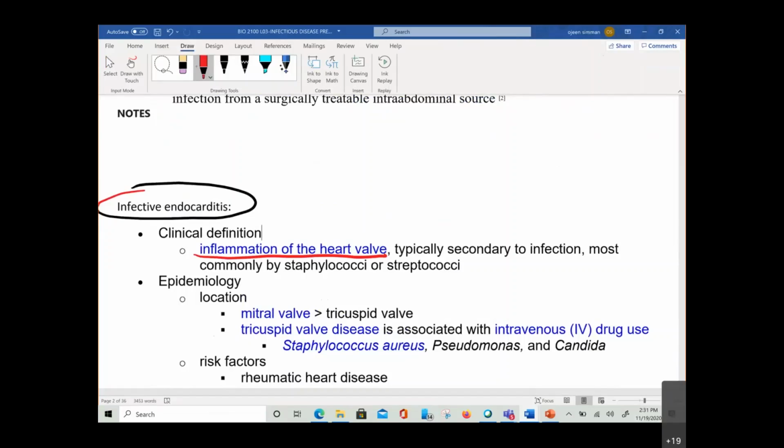Infective endocarditis means inflammation of the heart valve. Typically, it's caused by an infection. Most commonly, it's going to be Staphylococcus species or streptococcal species. Remember, both of them are gram positives.